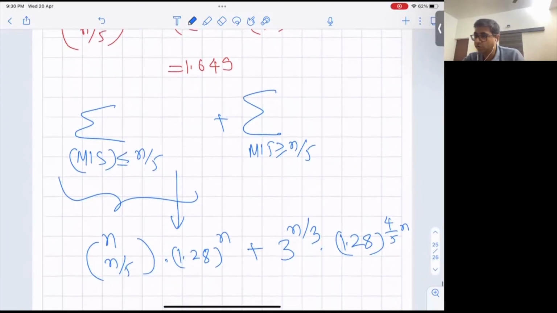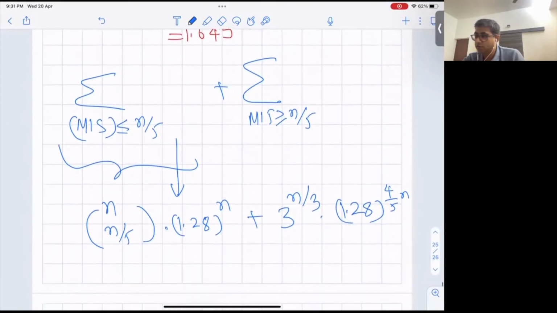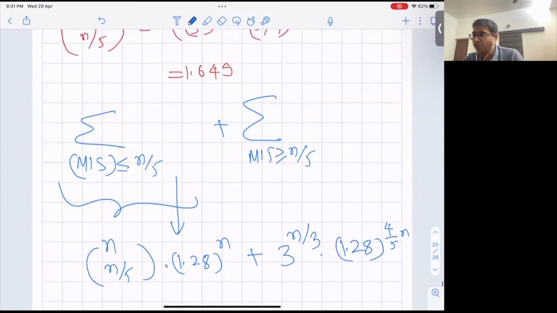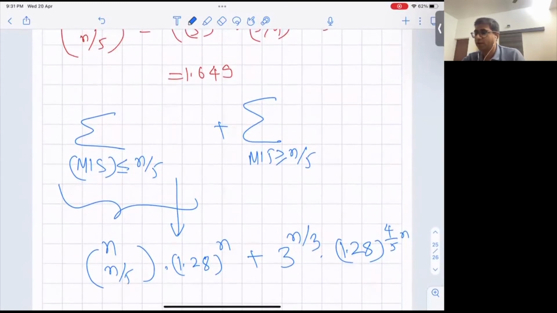No, no, no. It should be worse, no? It is worse because n choose n by 5 is much more than 3 to the power n over 3. Okay? So you have to go even lower.